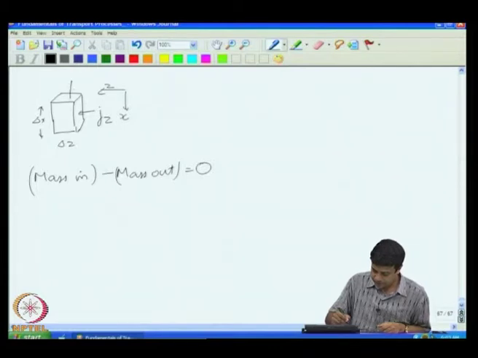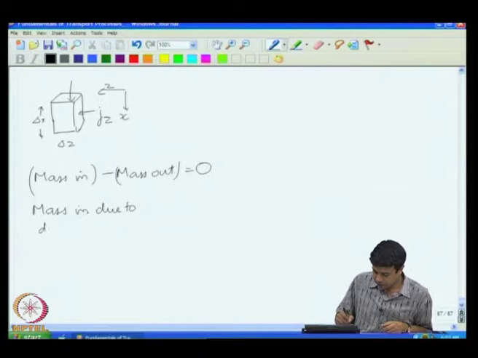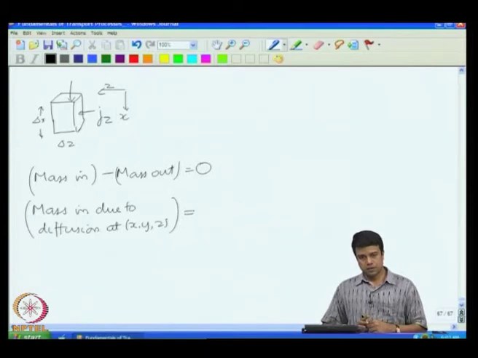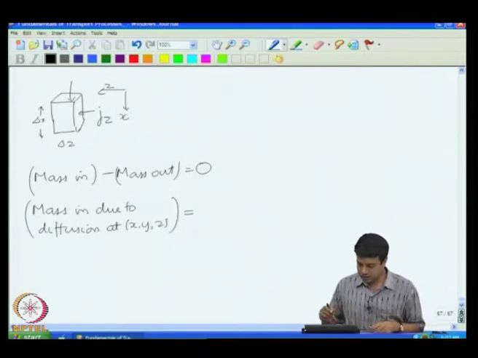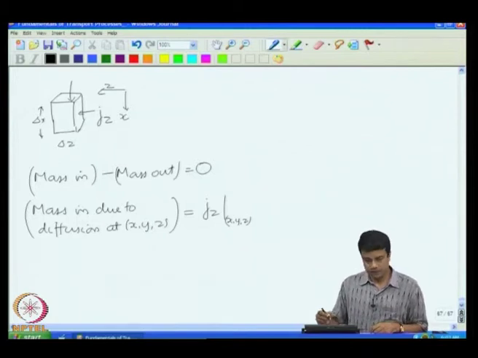Okay. The mass in due to diffusion at the location x, y, z, within a time delta t, is going to be equal to the flux at x, y, z times the area.